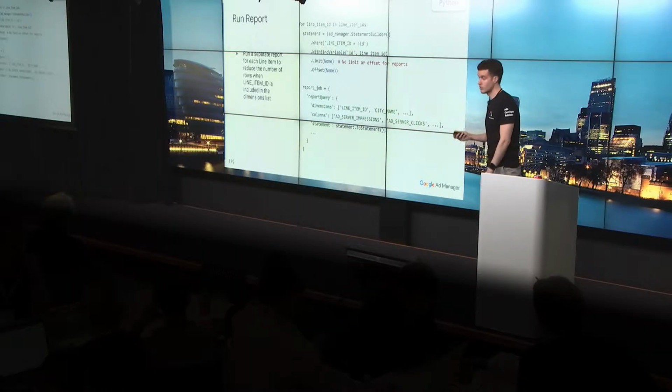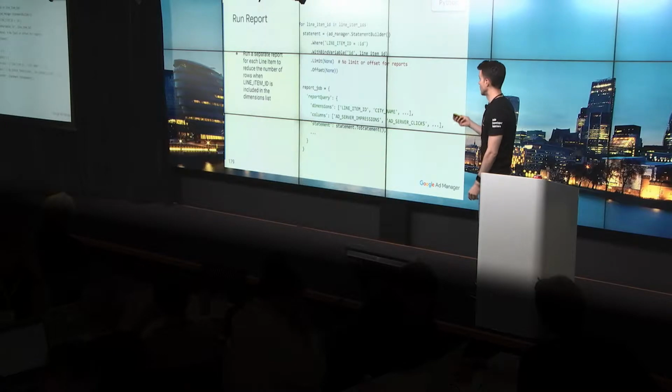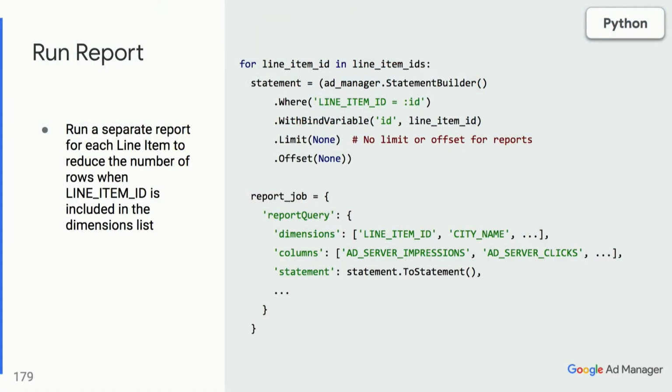So the code to do this is very simple. You just want to run a separate report for each of your line items, and graying out the boilerplate, non-interesting bits, there are 3 main lines to focus on. First is the first line, where we're looping through a list of all of the line item IDs that we're interested in.